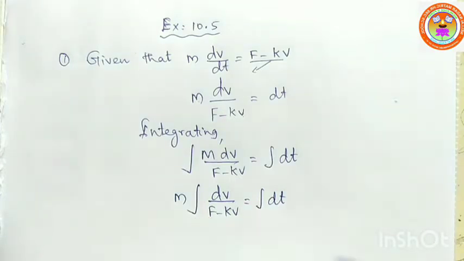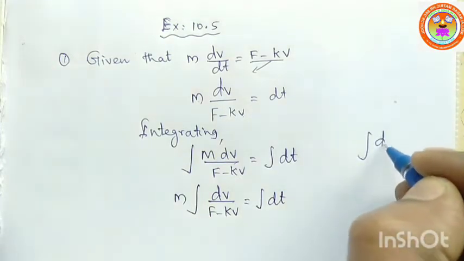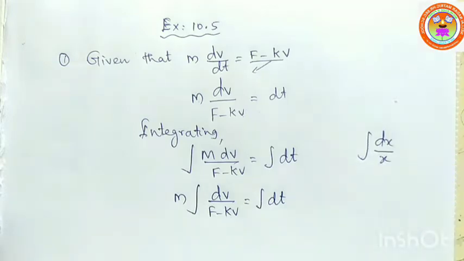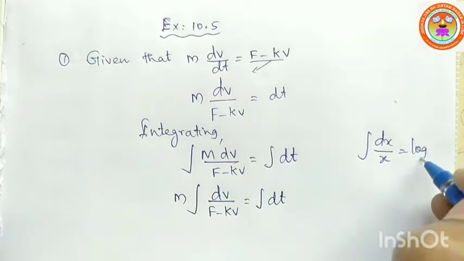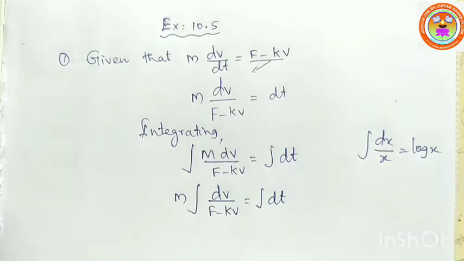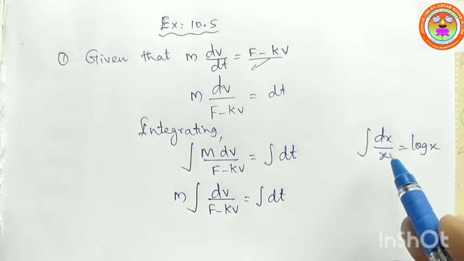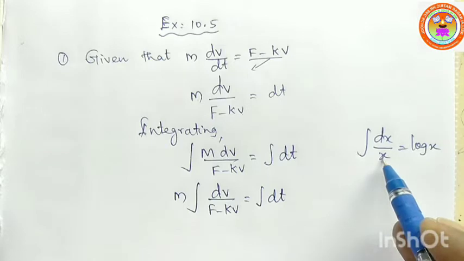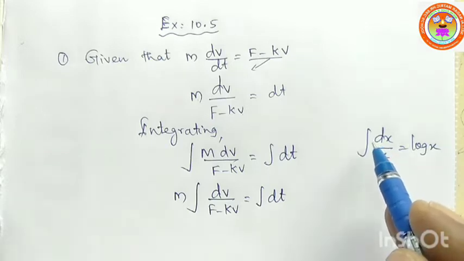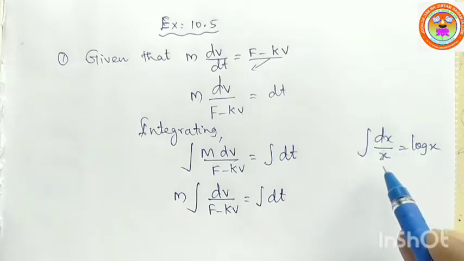It is in the form integral of dx by x. Integral of dx by x is equal to log x. That means the differentiation of the denominator is there in the numerator, and the answer is log of the denominator.